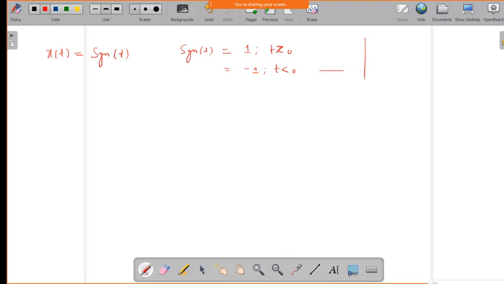You can represent the signum function like this: this is minus 1 and this is plus 1. Now find the Fourier transform of this.